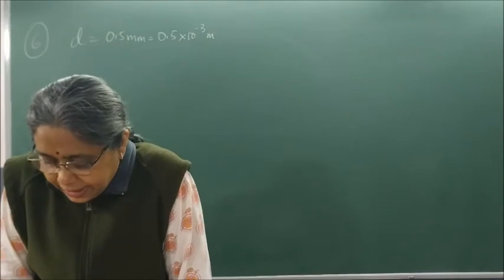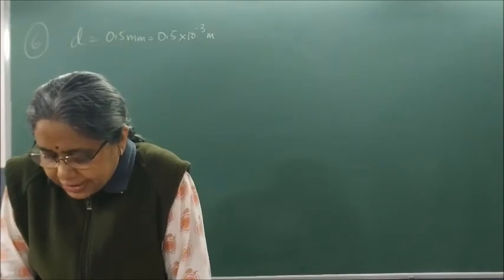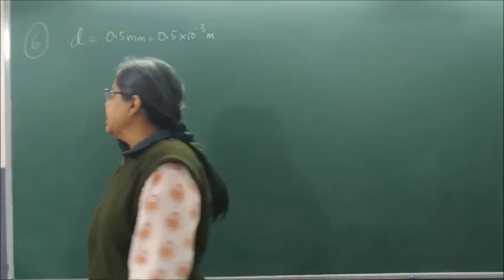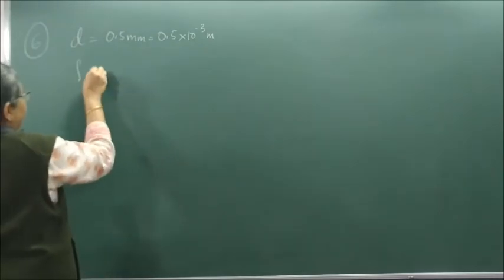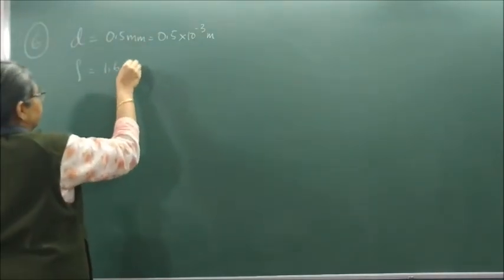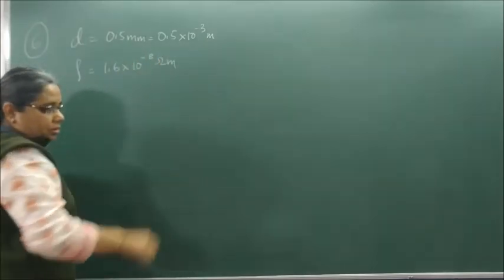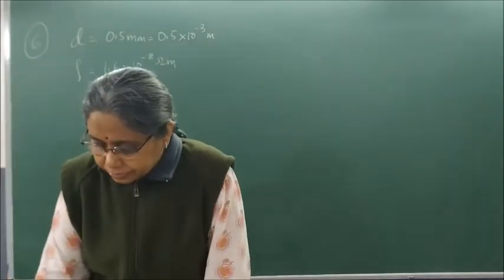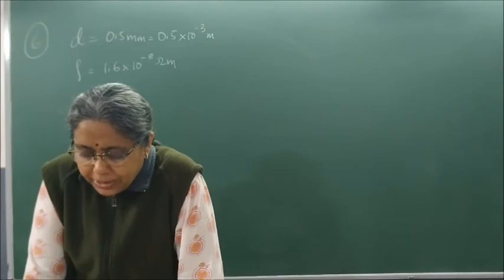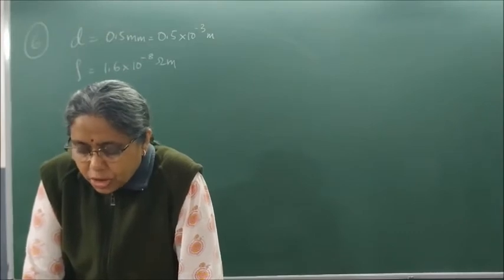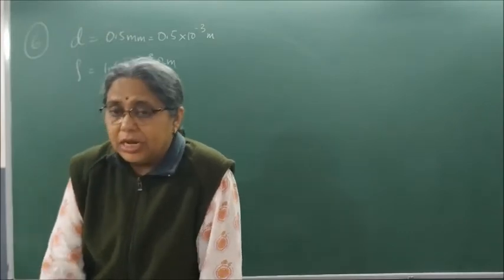Next, it has a resistivity of 1.6 into 10 to the power of minus 8. So rho is 1.6 into 10 to the power of minus 8 ohm meter. Now, what will be the length of this wire to make its resistance 10 ohm?